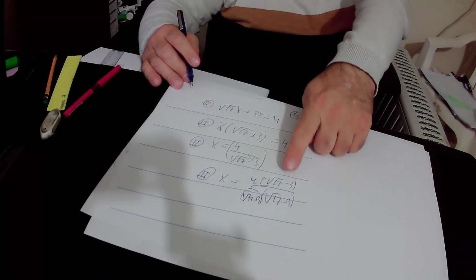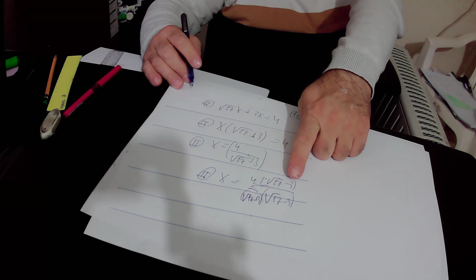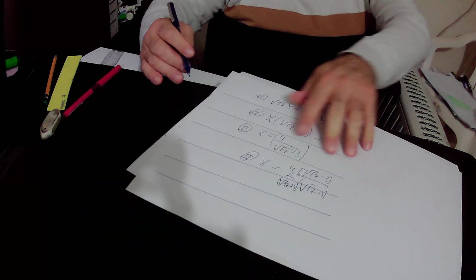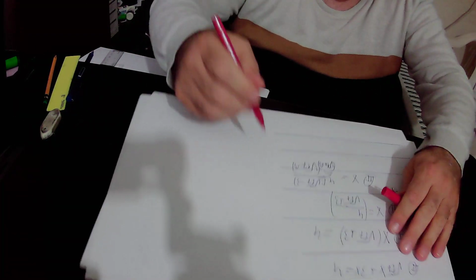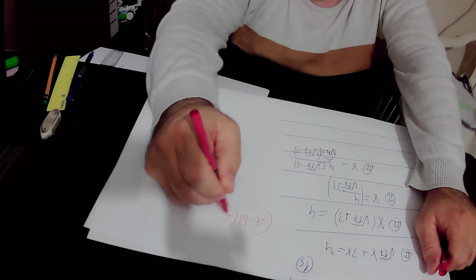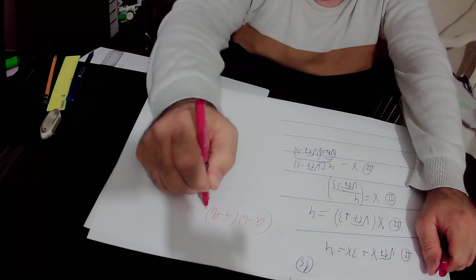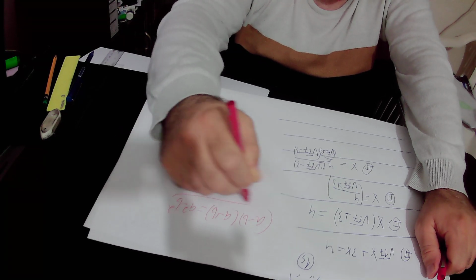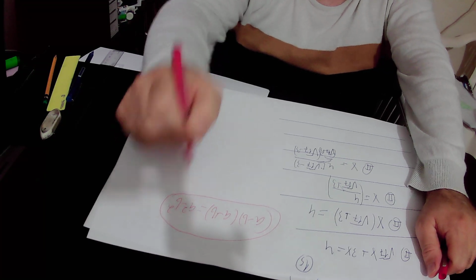We found the value in the denominator by using the algebraic identity that states that (a minus b) times (a plus b) equals to a square minus b square. I will repeat again.